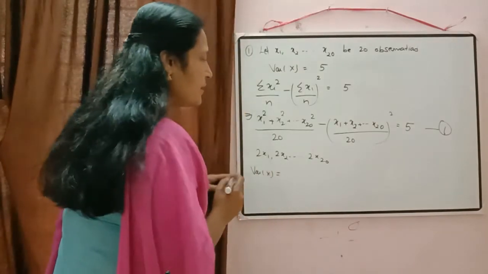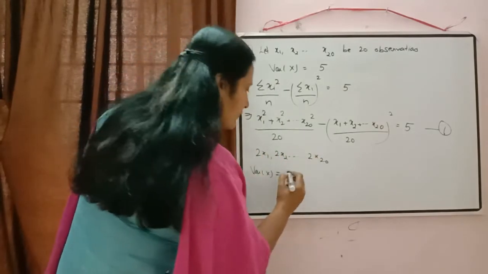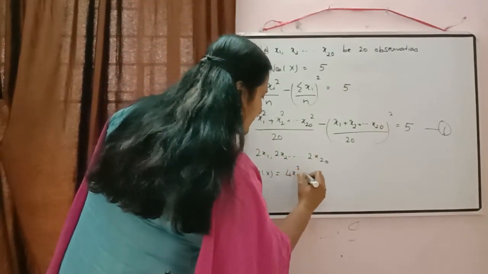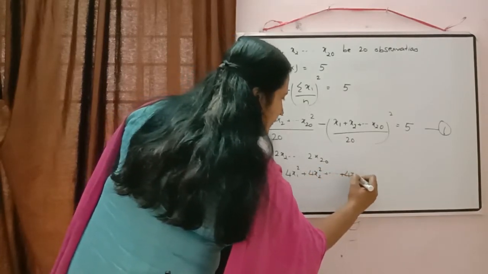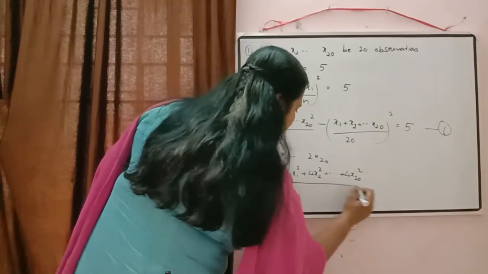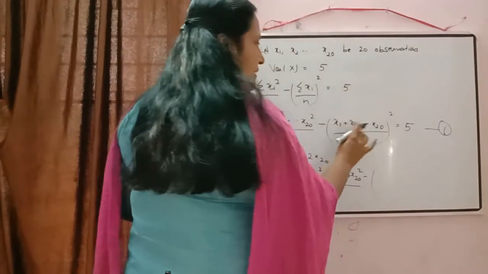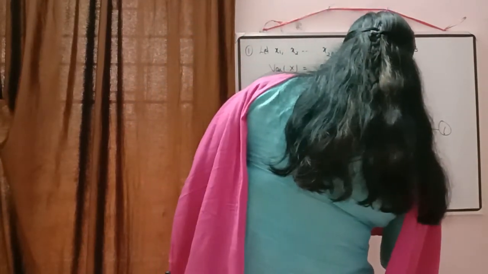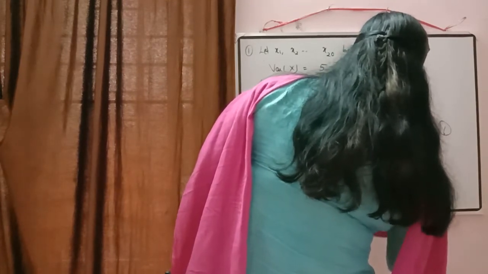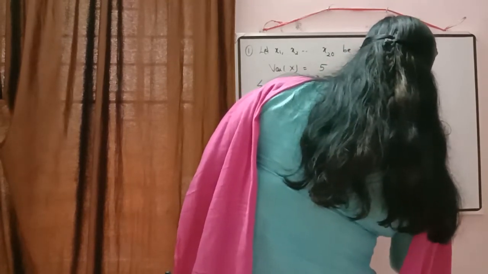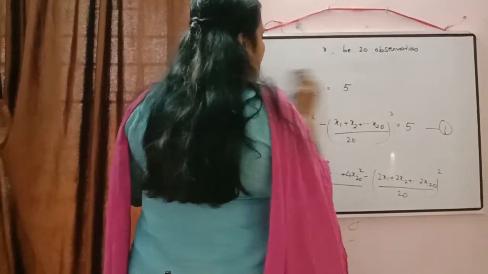According to the formula, we square all of them, so it will be 4x1 square plus 4x2 square plus etcetera plus 4x20 square by 20, minus 2x1 plus 2x2 plus etcetera plus 2x20 by 20 the whole square. This one is not given, we are calculating it.